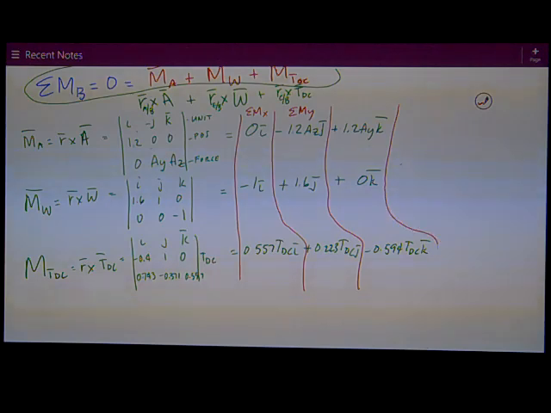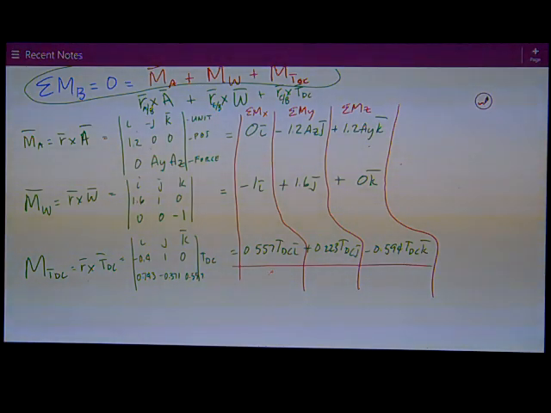This column is the sum of the moments about the z-axis. Each one of those columns totals up to 0 by equilibrium. So I see a column here in the x column that I like because it's only got one unknown, TDC. I can solve for that one.